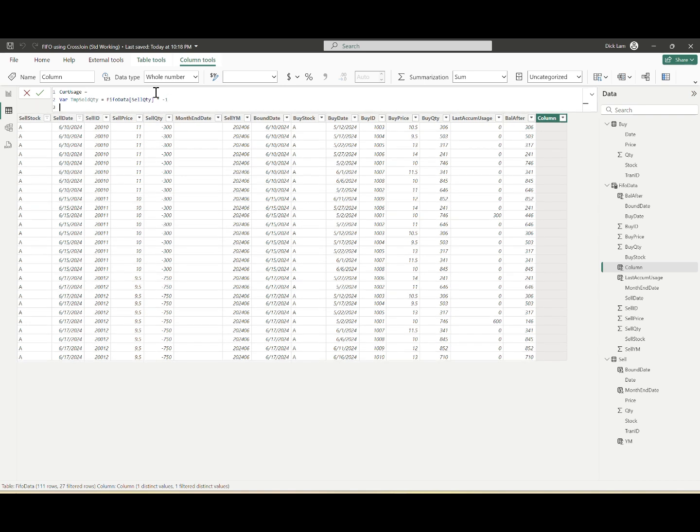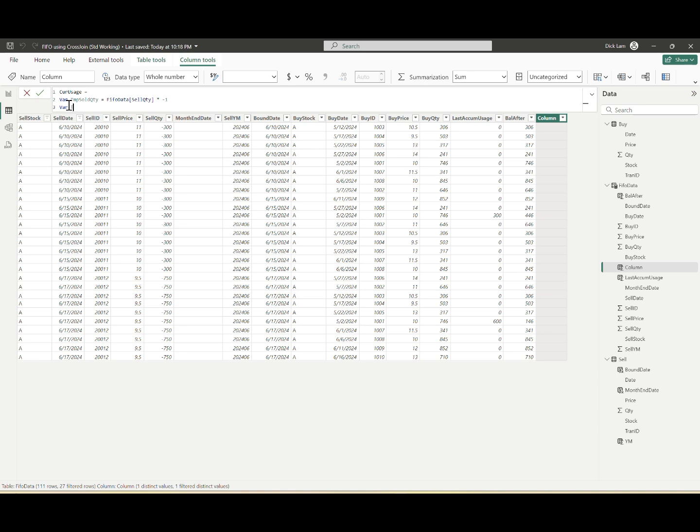Then this time, it's a little bit tricky. I need to sort out the buy-in quantity accumulated total with buy ID less than the current row, but it must be within the FIFO data table. Now we are in the scope of sell stock and the tran ID and the respective sell ID. So in this case, we need to narrow our scope.